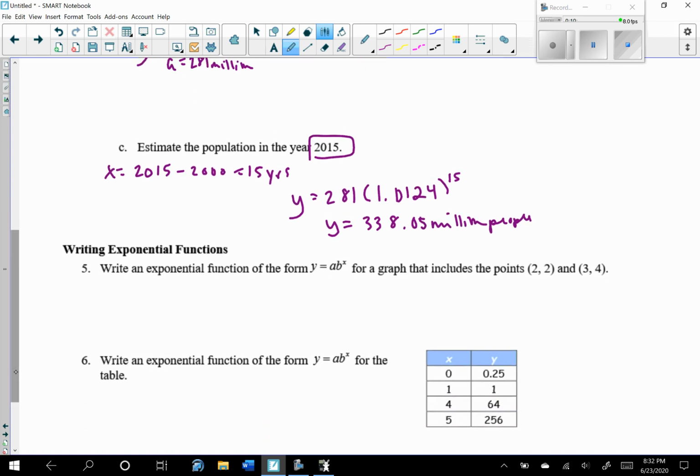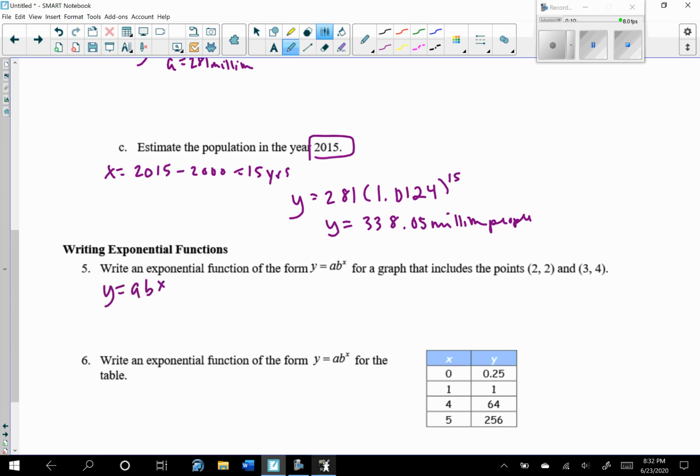All right, so for the next one, it says writing exponential functions. Write an exponential function of the form y equals ab to the x power for a graph that includes these 2 points here. For this, if I want to use my calculator to plug these in, that would be the easiest. So we're looking for y equals ab to the power of x.